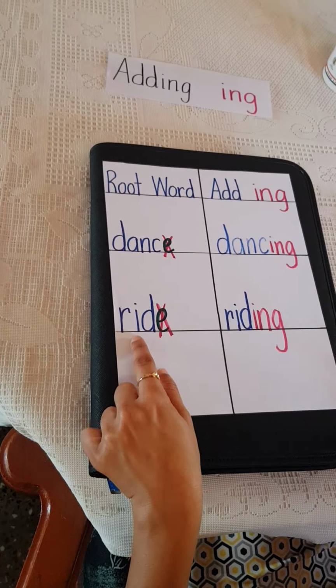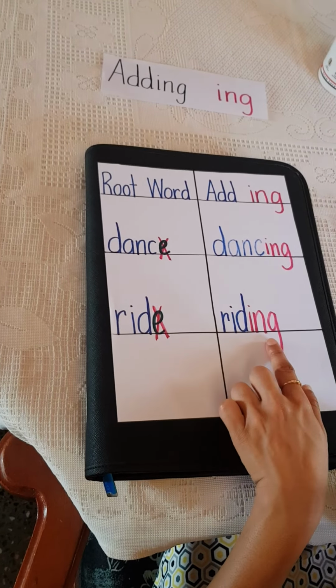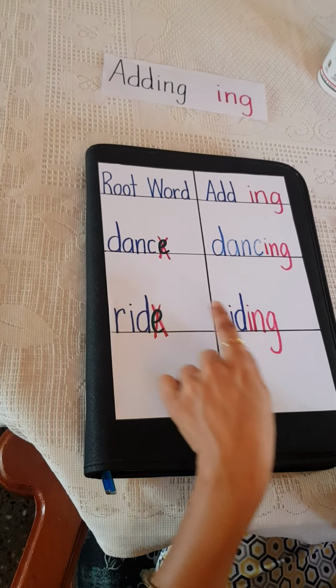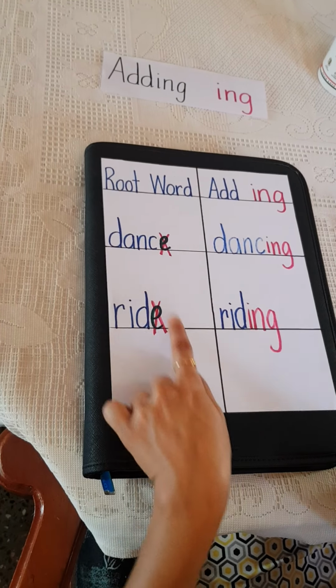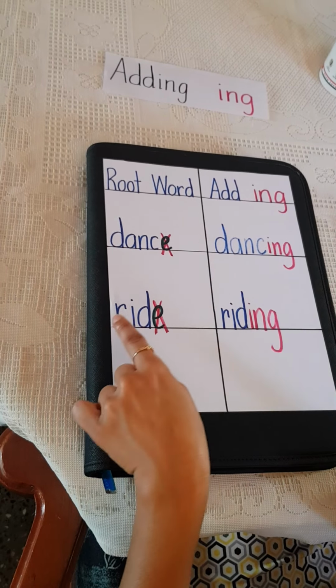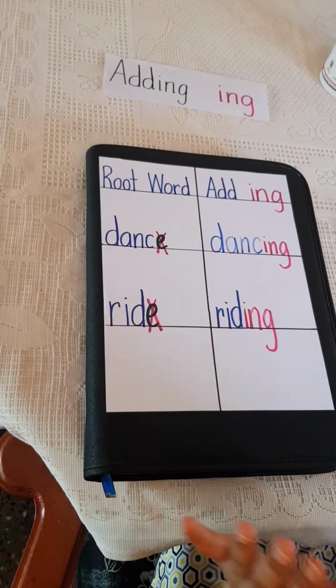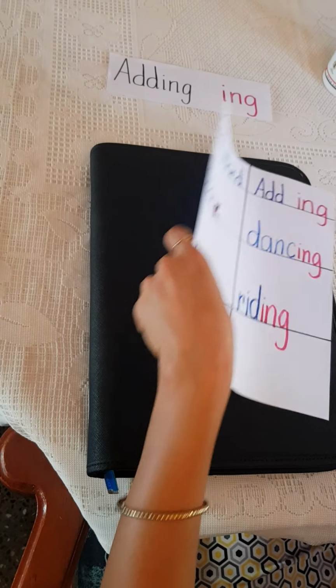Riding. Ride, riding. What did I do before adding the letters ing? I dropped the E. Dance, dancing. Ride, riding. Let's look at another two words.